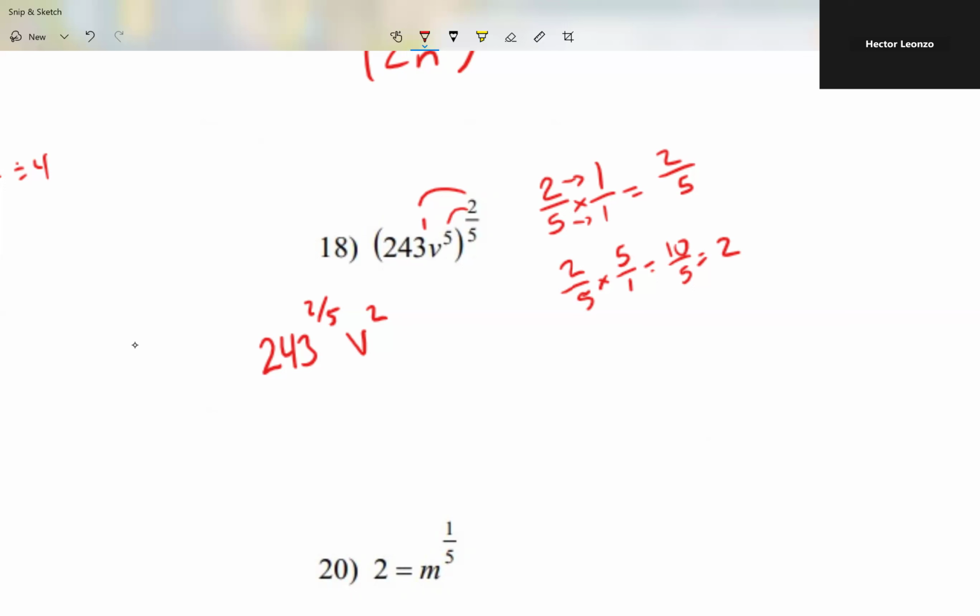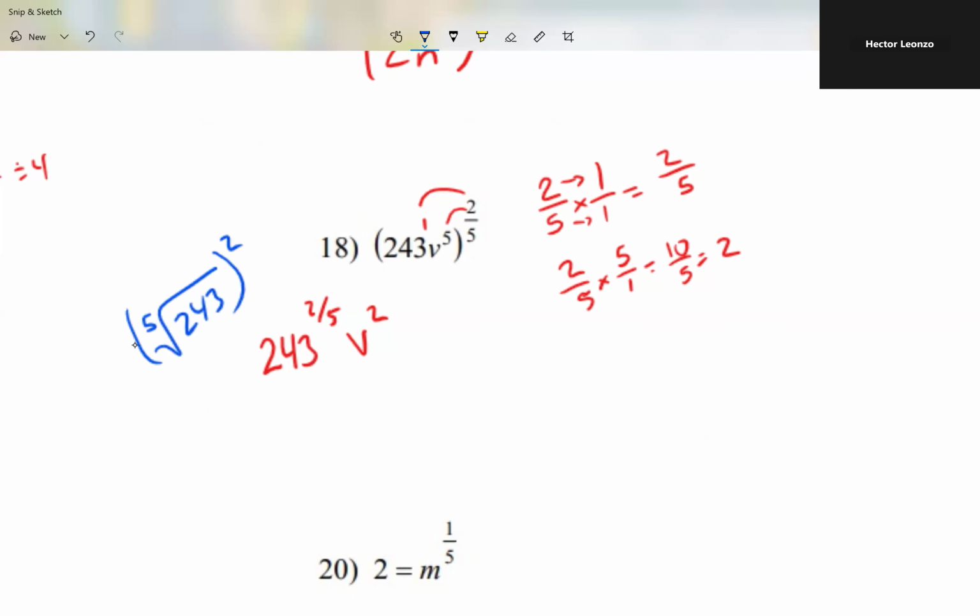Now numbers wise, there's 2 ways I can see this. And then I remember we just did exponential and radical form. So what does this actually mean? I'm thinking there's a root, 243 goes inside, the root is 5, and all of this goes to the 2nd.